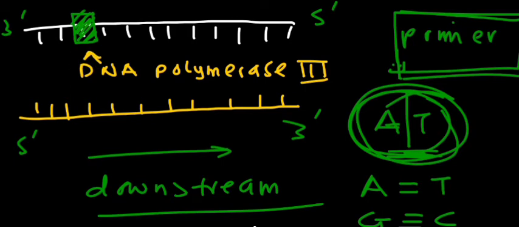When it attaches there at the primer, it will start adding nucleotides in the 5 prime to 3 prime direction. That's the reason we say DNA replication occurs in the 5 prime to 3 prime direction.